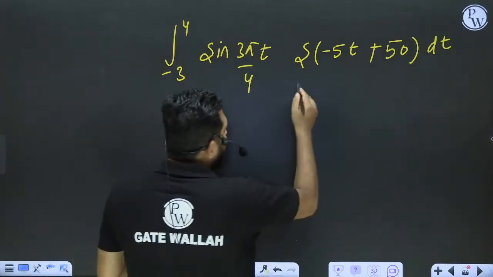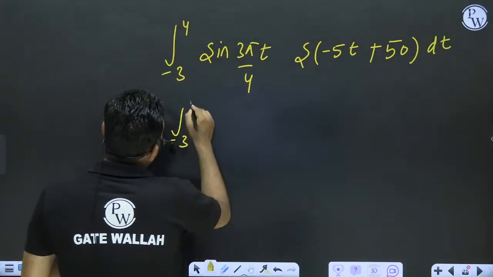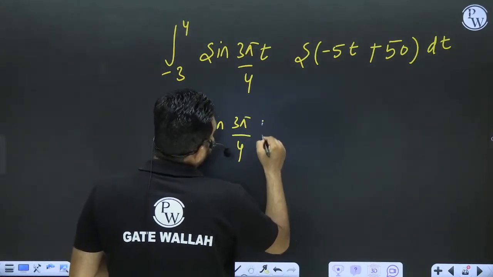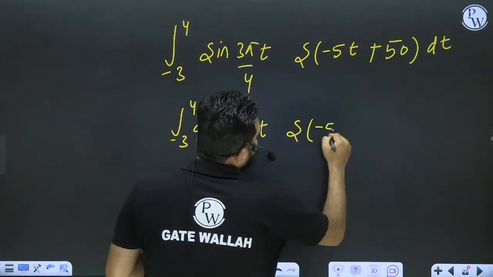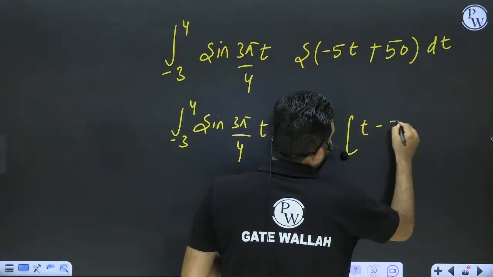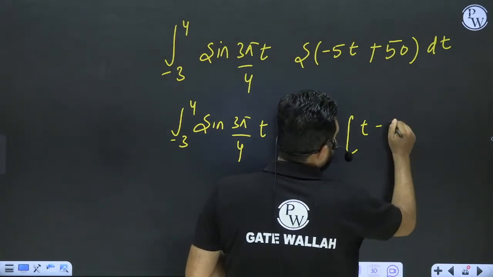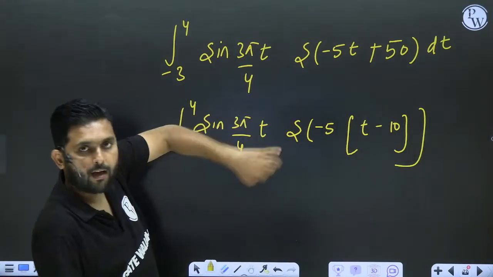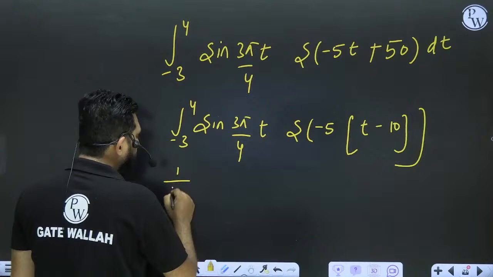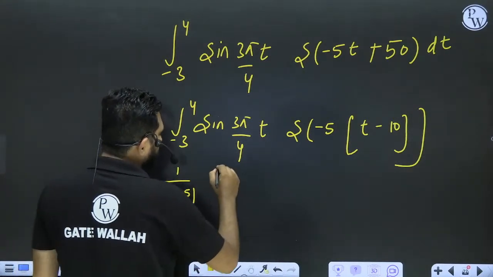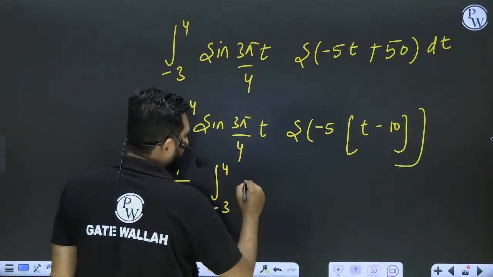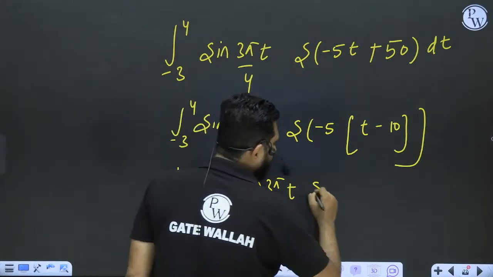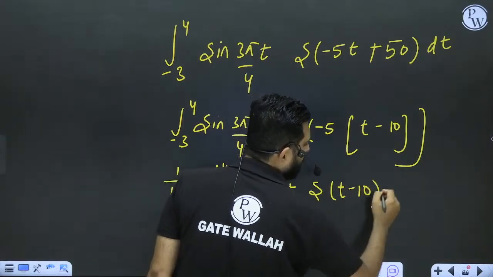For example, this can be written as minus 3 to 4 sine 3 pi by 4 t delta, minus 5 common, it is t minus of 10, sorry. Now this should be outside, 1 by mod minus 5, integral from minus 3 to 4 sine 3 pi by 4 t delta t minus 10 dt.